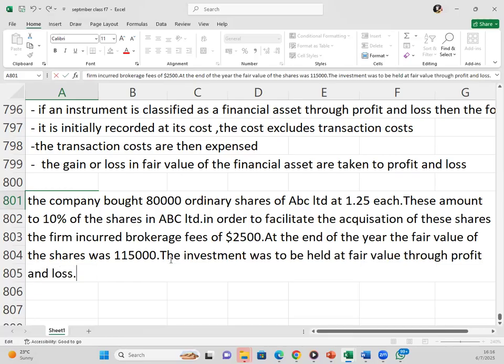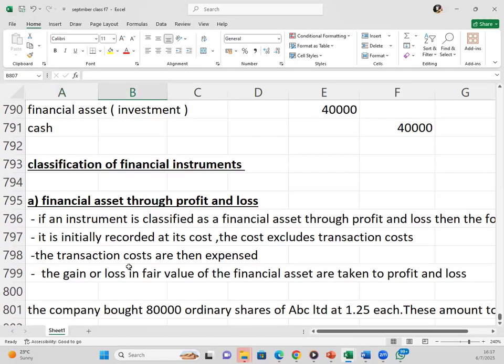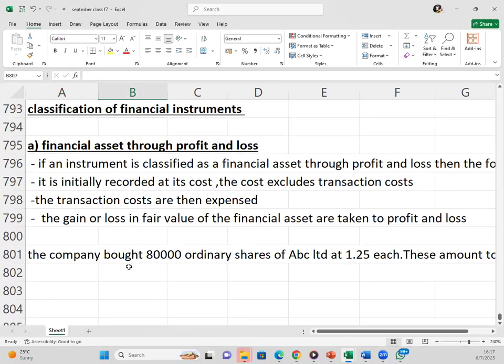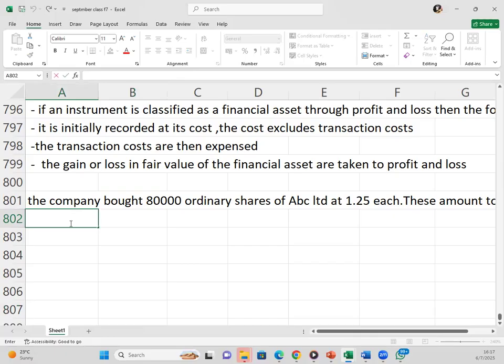So this gives us a guide that we are dealing with an investment held at fair value through profit and loss.